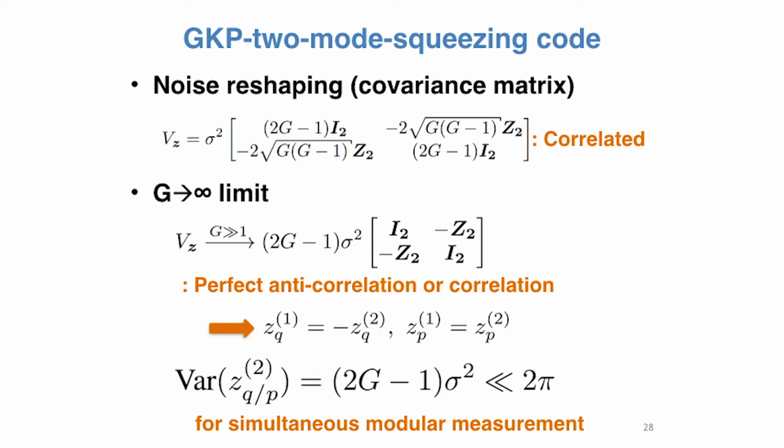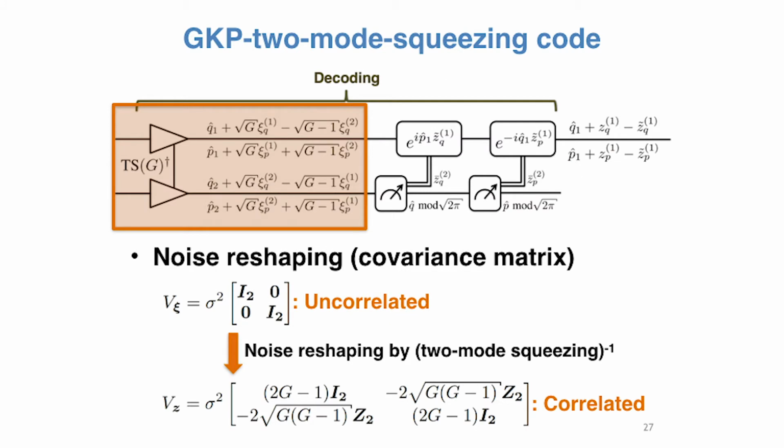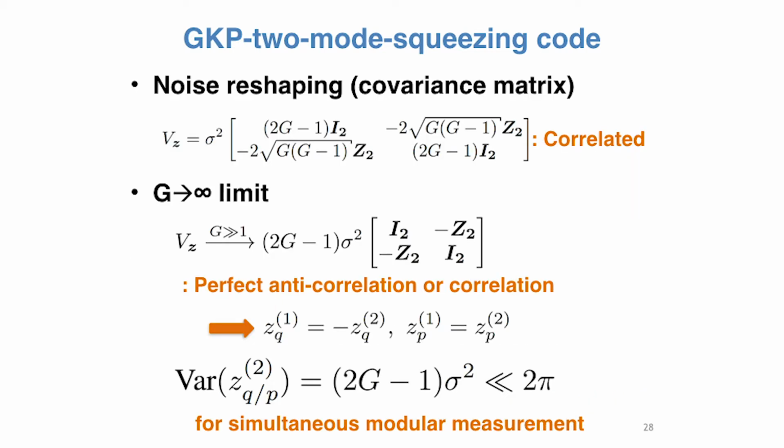So ideally, one might want to increase the 2-mode squeezing to infinity because then they are perfectly correlated. But we are not allowed to do that because, if we remember how the GKP state works, we can only measure position and momentum simultaneously if they are smaller than square root 2 pi. So we want to increase the 2-mode squeezing to have a stronger correlation, but we don't want the noise to exceed what we can measure.